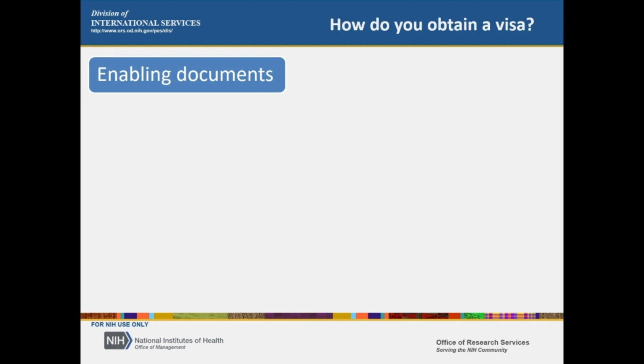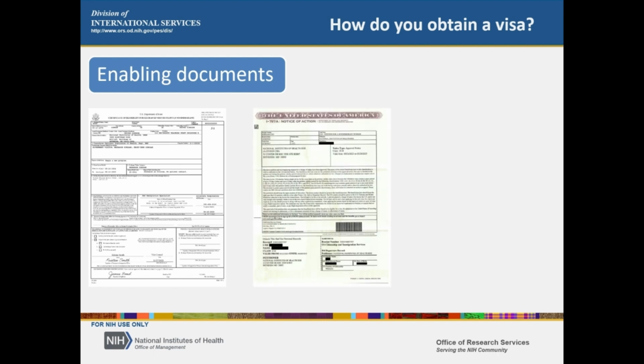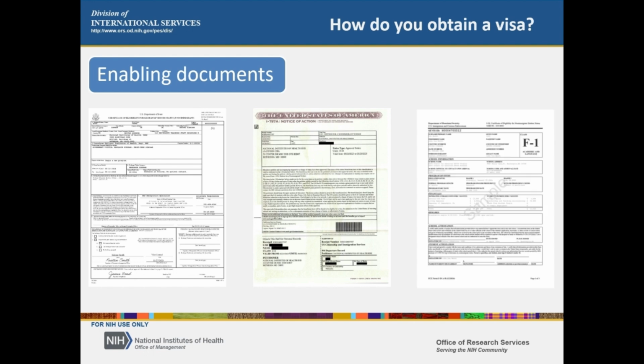Common examples of enabling documents used by scientists at NIH include the Form DS 2019 for J1 exchange visitors, the I-797 approval notice for H-1B temporary workers and O-1 individuals of extraordinary ability, the Form I-20 for F-1 students issued by the sponsoring university, and the TN employer letter for Mexican and Canadian citizens.